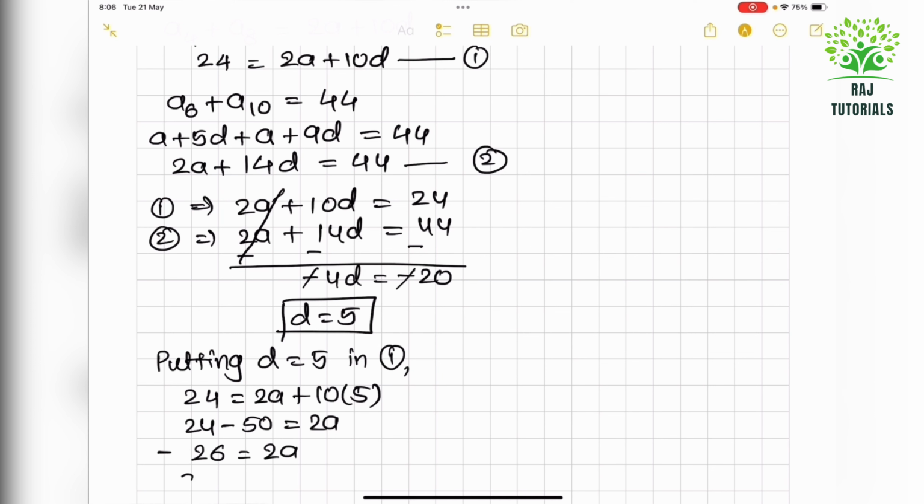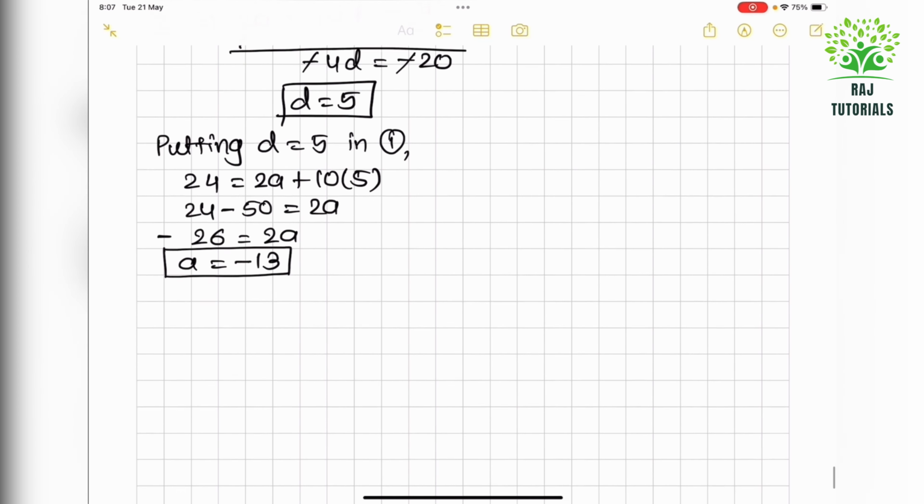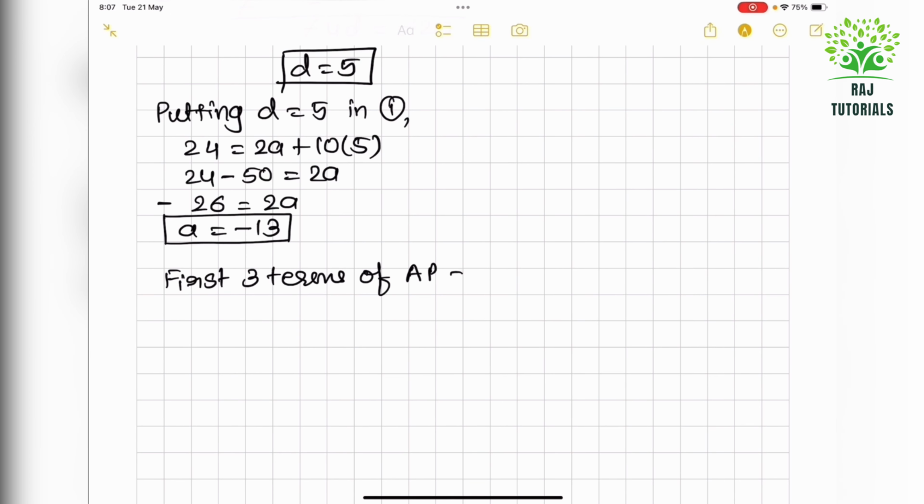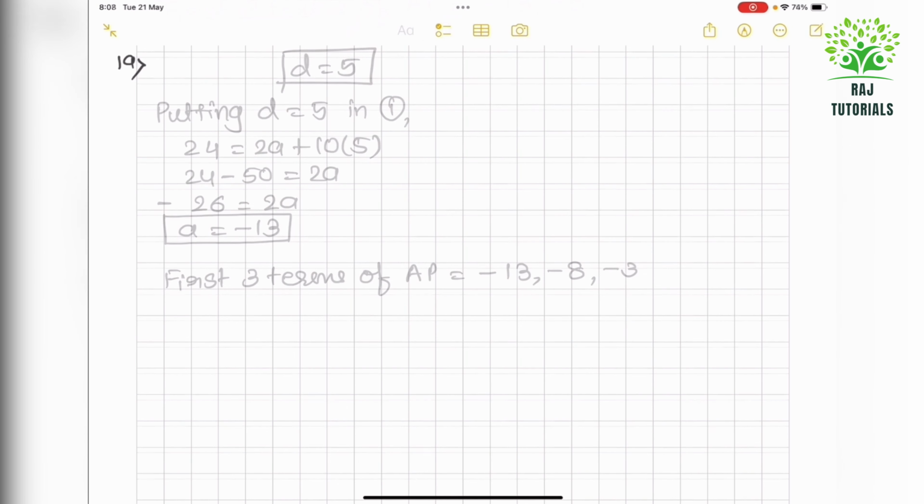Minus 26 equal to 2A. So A equal to minus 13. Now A I know, D I know. So first 3 terms of AP will be minus 13, then second will be minus 13 plus 5, so minus 8, and third will be minus 8 plus 5, so minus 3.